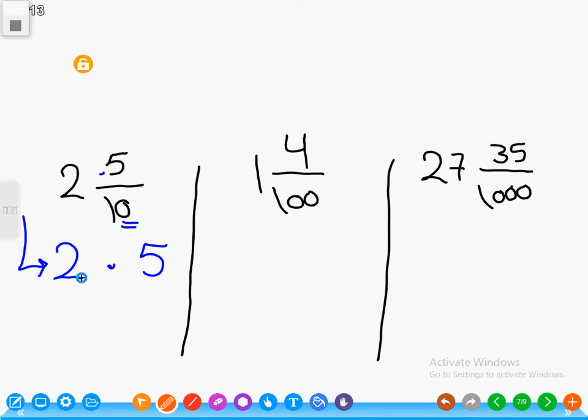Here I have 1 in the whole part, and let's count how many zeros: 1, 2, so we will count 2 digits, but I have only 1. What can we do? We will put a zero and put the decimal point after it, 4, 0 and decimal point. How to read it? 1.4 or 1 and 4 hundredths.